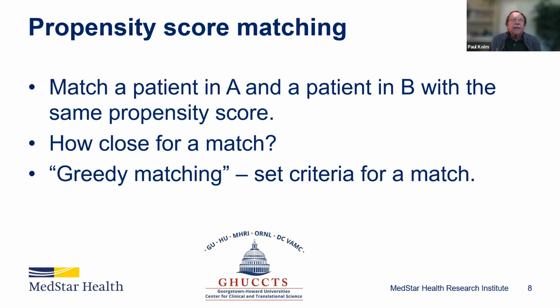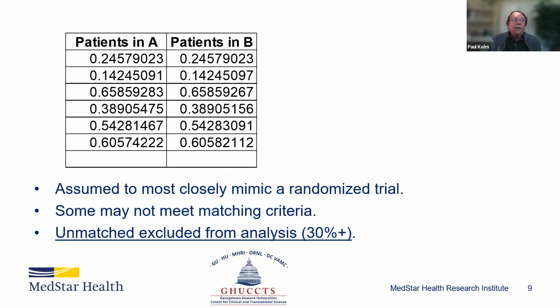And so as an example, I've got examples here of propensity scores and how close they match in groups A and groups B. And so the first one there, the 0.245, they match out to 8 decimal places. The second one is an example where they match to 7 decimal places.